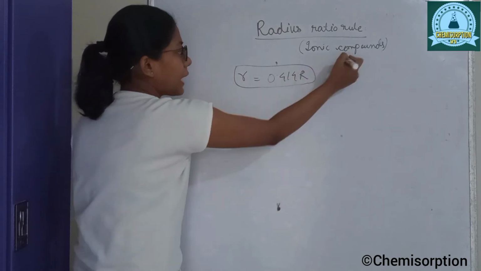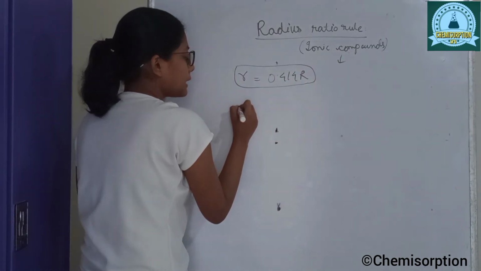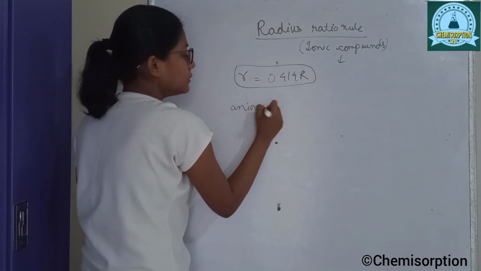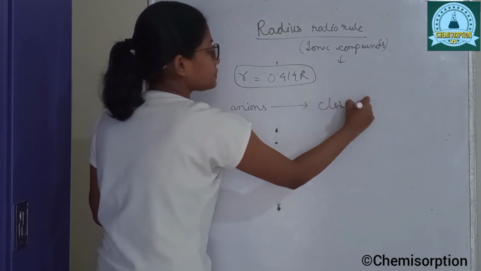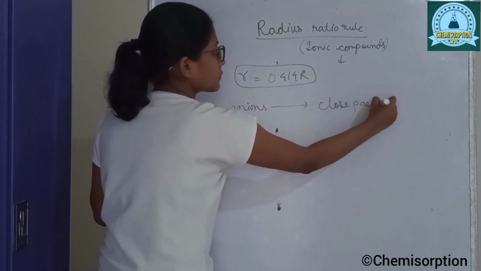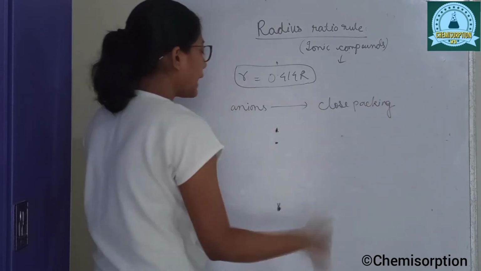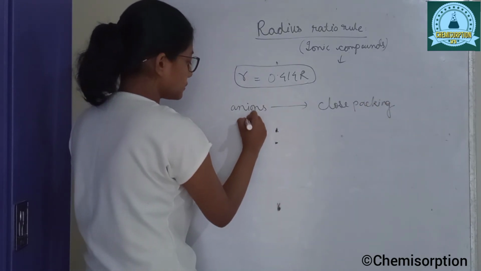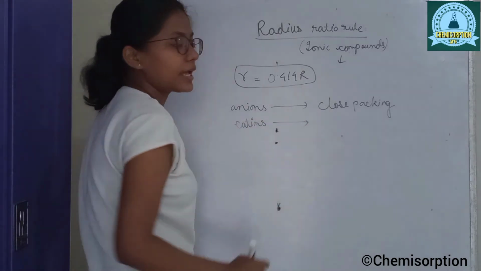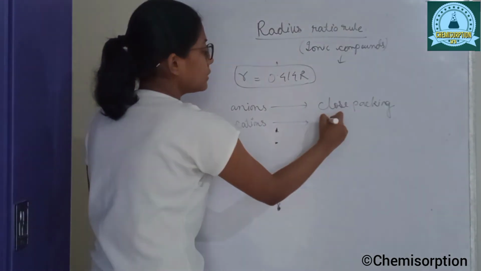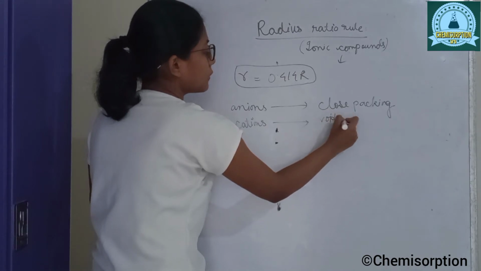So in case of ionic compounds, the anions usually form the close packing structure, and the cations occupy the voids.